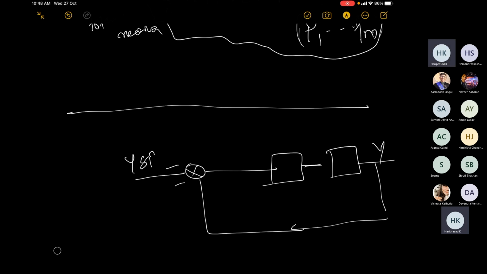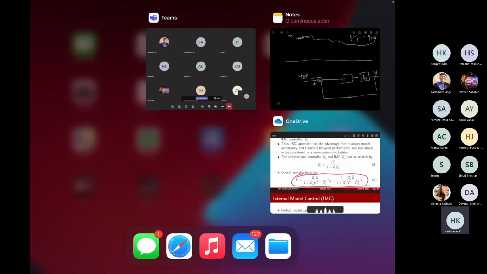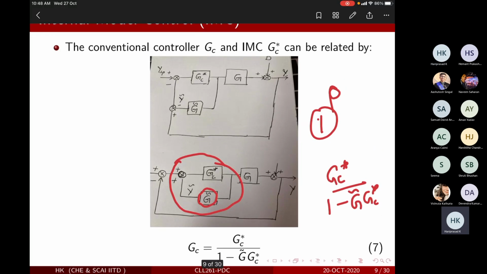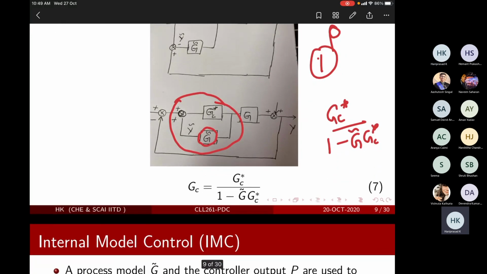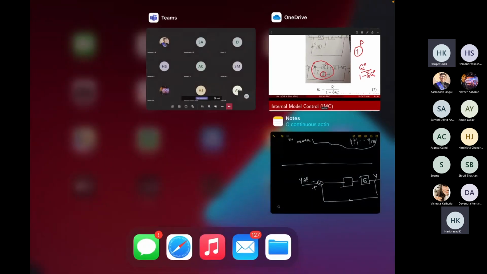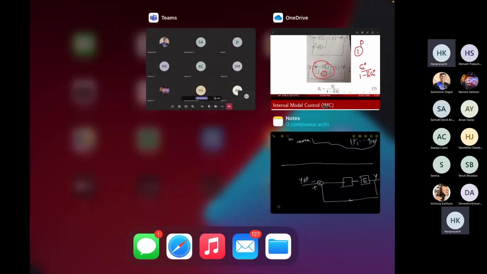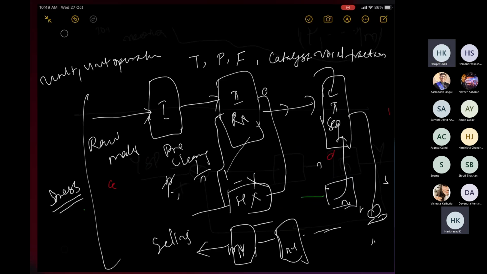This is your output. This is your YSP plus minus. Okay, this is your G, and this is our GC. GC is a single point representation of the complex model.